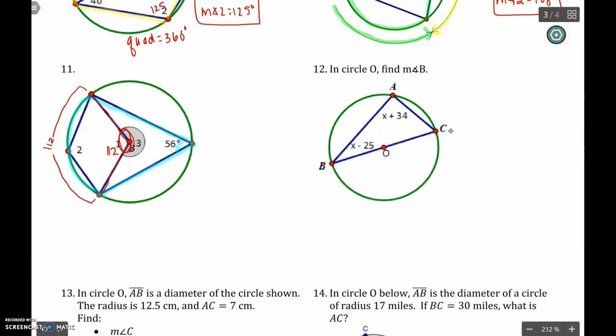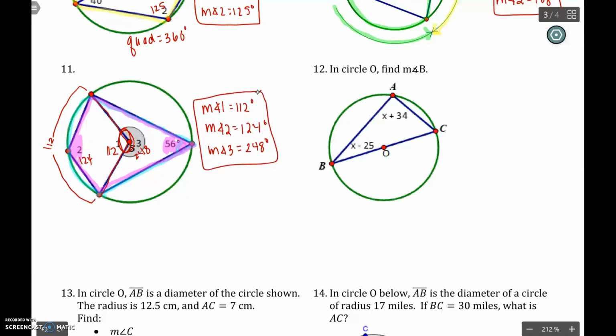And then I have the 360 here, so 360 minus 112 is 248. And now I have to find angle 2. Keep in mind, I do have a quadrilateral. It's inscribed because all 4 vertices are on the edges. So angle 2 and this 56 have to be supplements. And so 180 minus 56 is equal to 124.